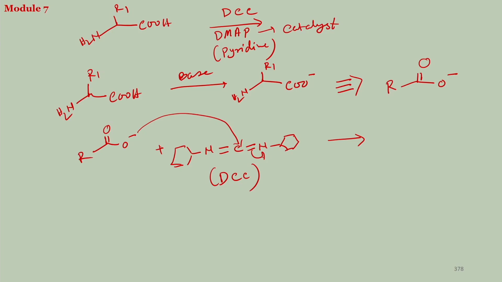One of these would be eliminated, and it would take up the proton. So, what you have now is C, O, COR, here you have N and the cyclohexane ring. Here you have this, that is one of the intermediates.